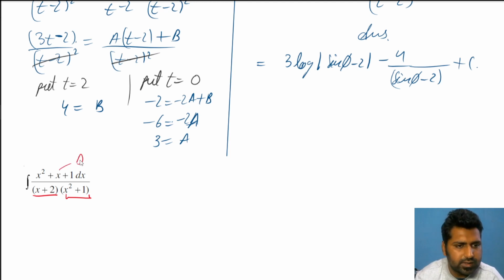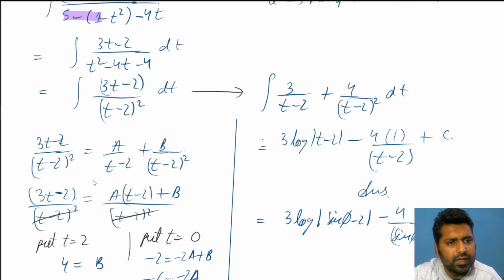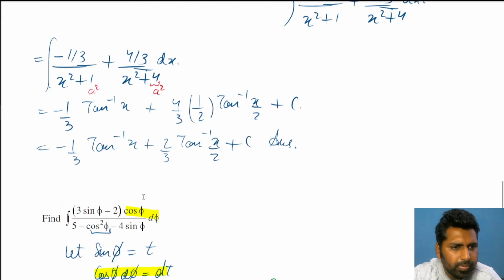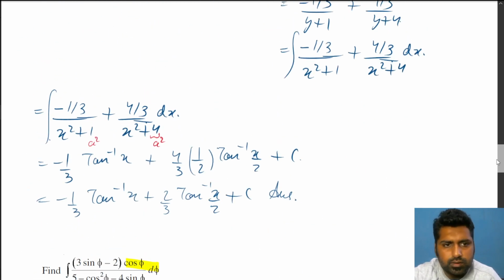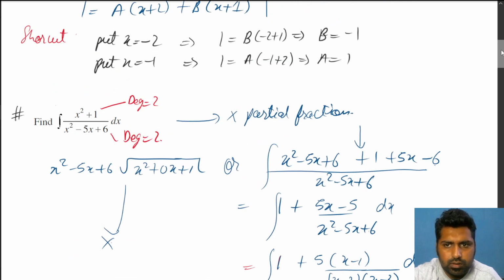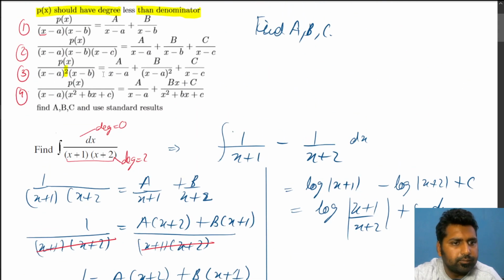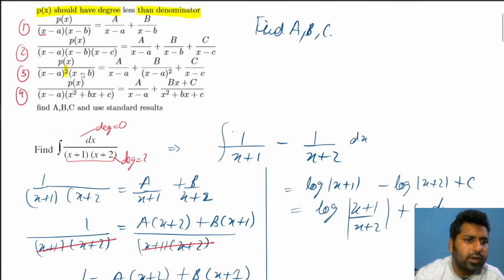Degree of the numerator is 2, denominator is, this is 2 and this is again multiplied by x, so the highest power will come 3. Degree is the highest power. Format: when you have a quadratic factor in it, you do the partial fraction of a upon x minus a, that's normal.